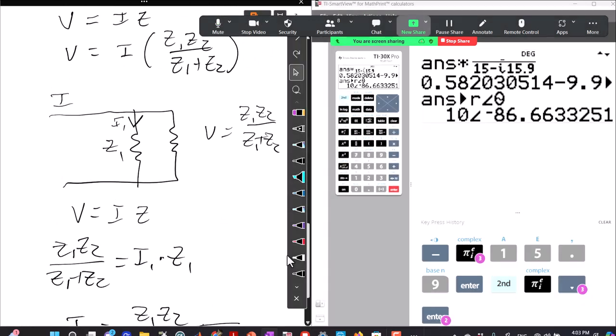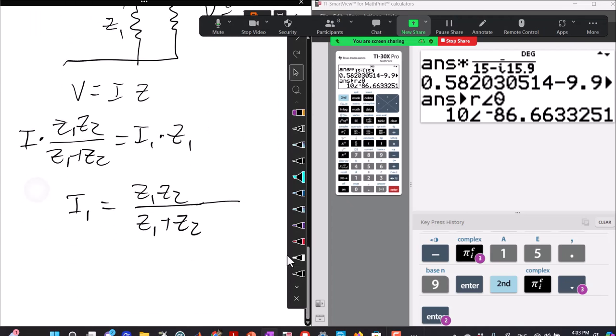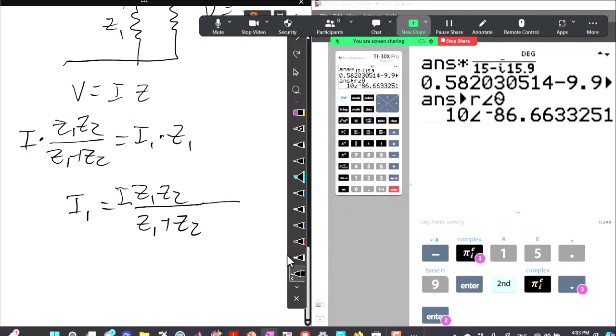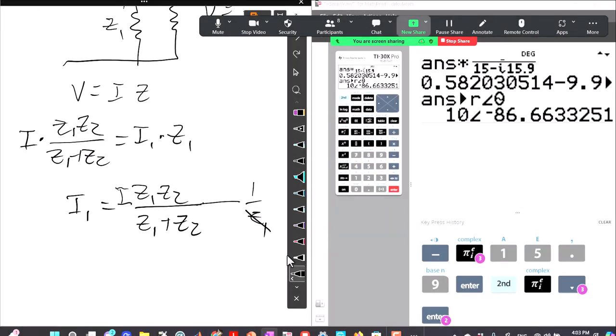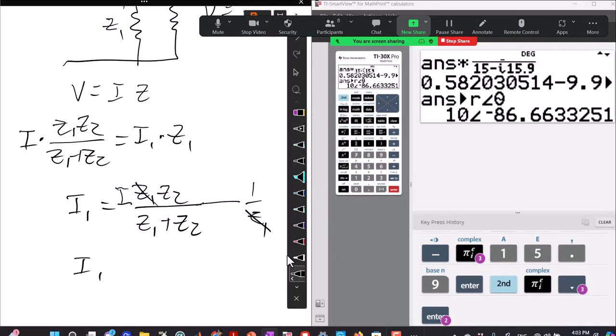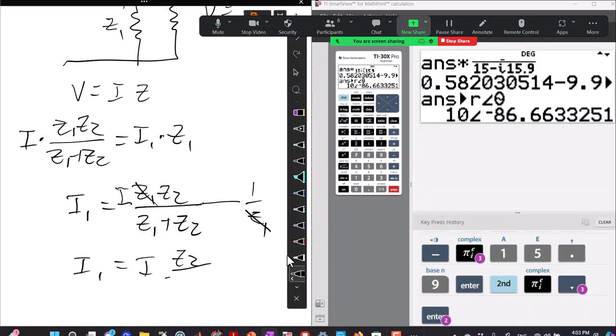So that's I right there. And I'm solving, so I have my total current right here is I, and then dividing by Z1, and then my Z1s cancel, and I get I1 equals I times Z2 over Z1 plus Z2.